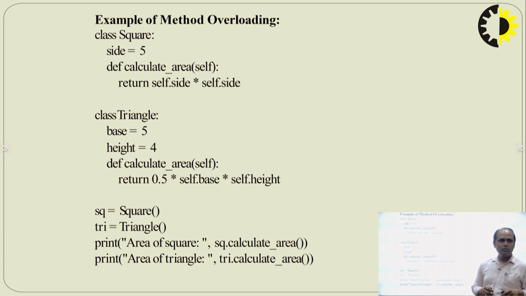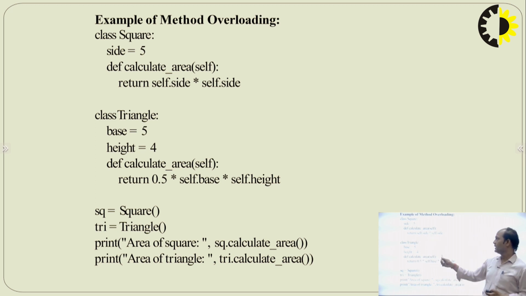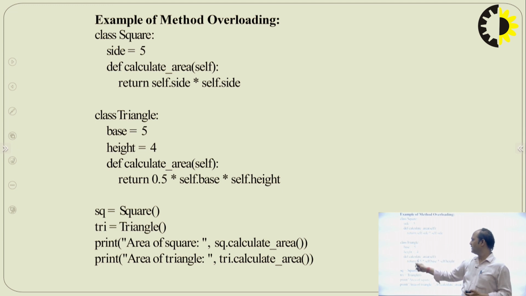So in method overloading, the function name will be the same but the parameters will be different. Here only one parameter, the side, is passed, and here we pass two parameters, base and height. So the function name is the same but the signature is different. That is called method overloading, right?